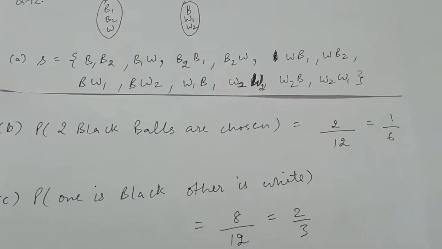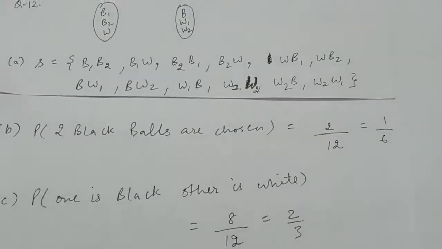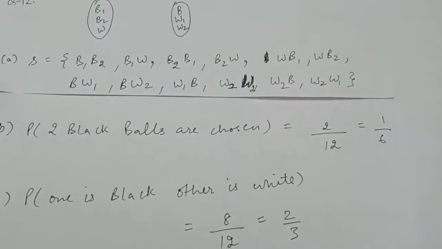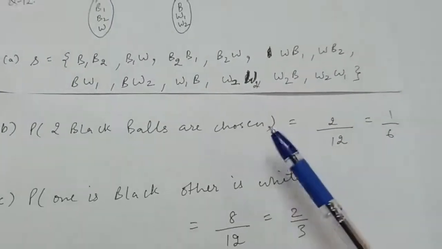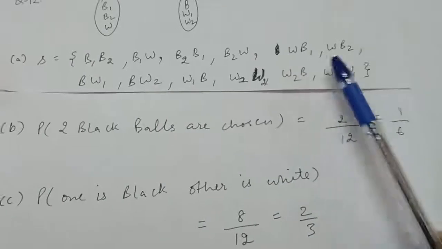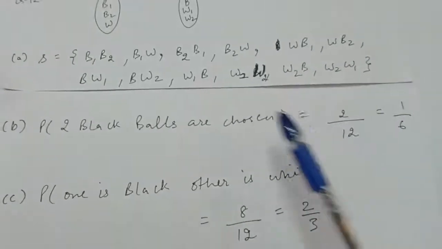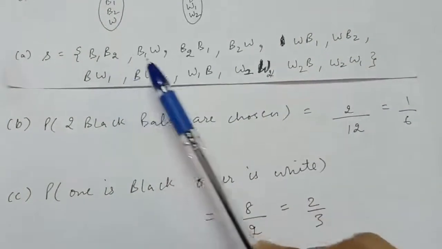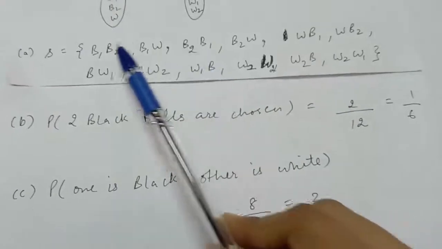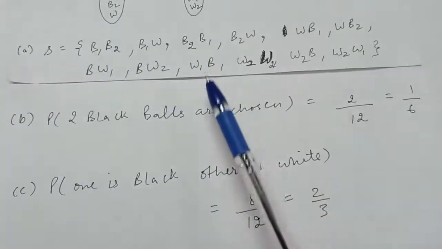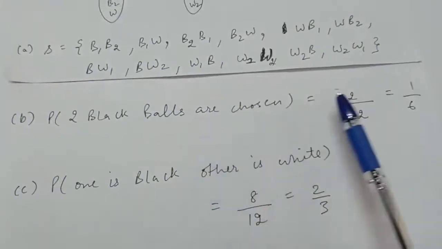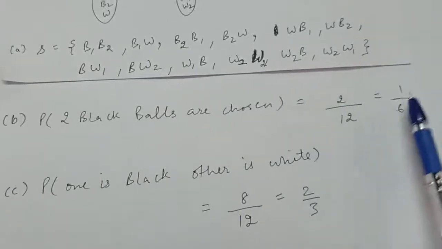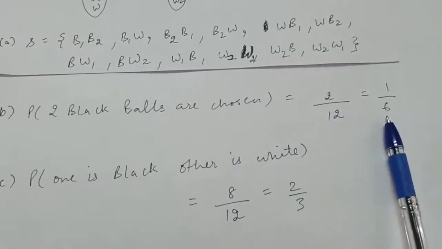Now they have asked what is the probability that the two black balls are selected. So probability will be total outcomes is 12, and out of 12 you can see this case and this case are the favorable cases, right, where two black balls are selected. So 2 by 12 or 1 by 6, right?